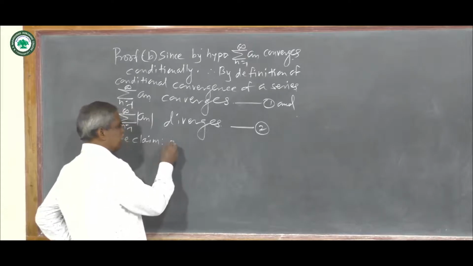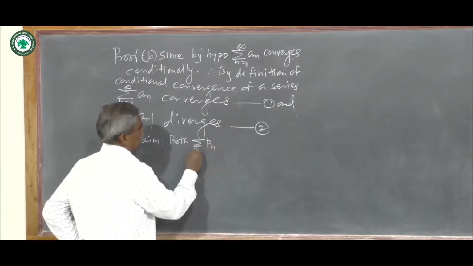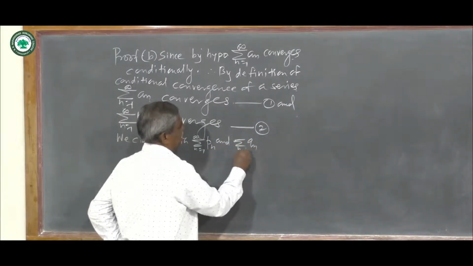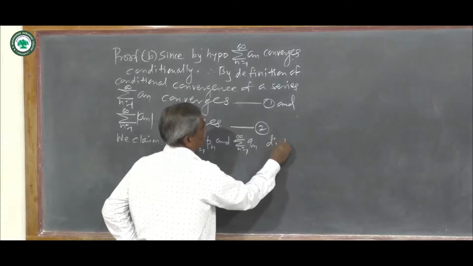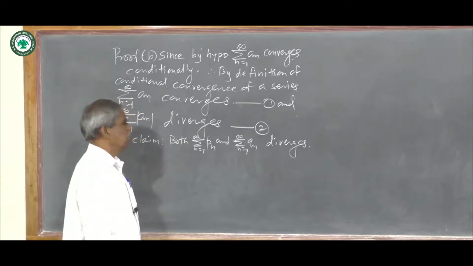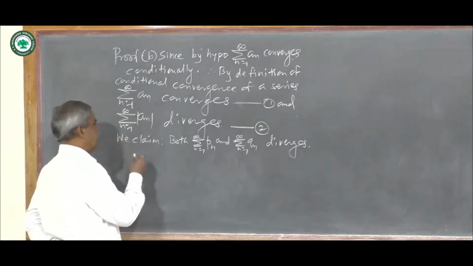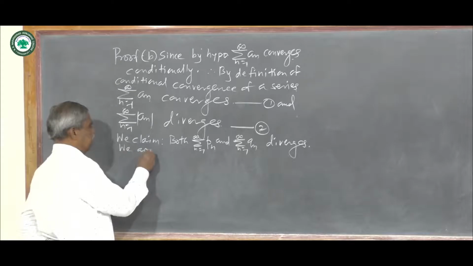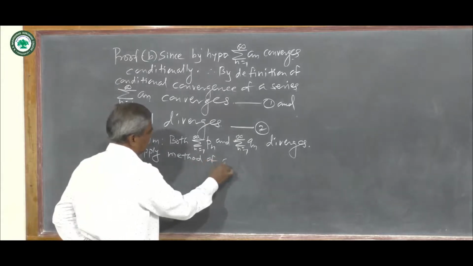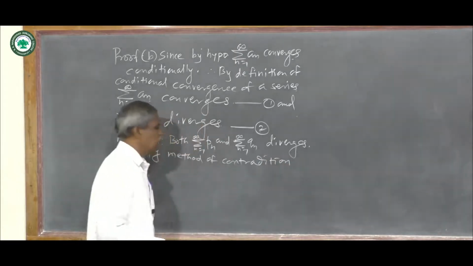That is, we have to prove that both sigma Pn, n is equal to 1 to infinity, and sigma Qn, n is equal to 1 to infinity, diverge. We apply the method of contradiction.